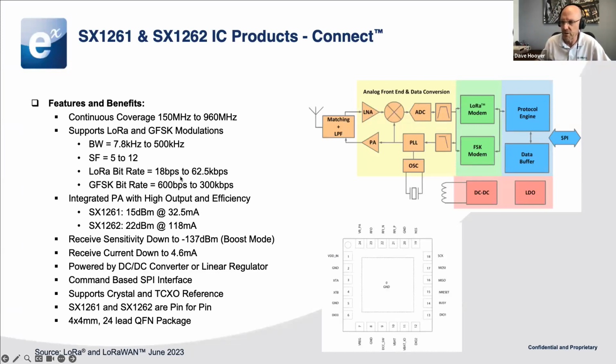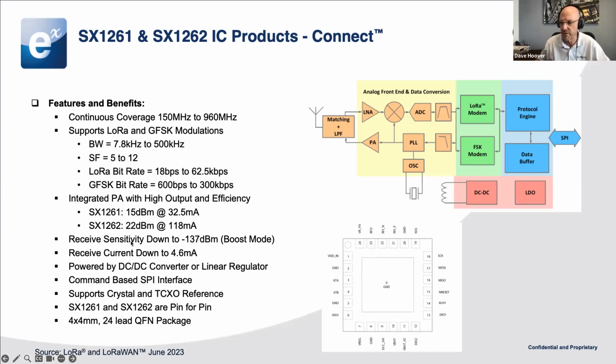Supports all the LoRa modulations and spreading factors and such. So pretty ubiquitous there. And then you can see what I was talking about before, that the 1261 has that lower output power, 15 dBm, and the 1262 has 22 dBm. So that's, again, the major difference there.